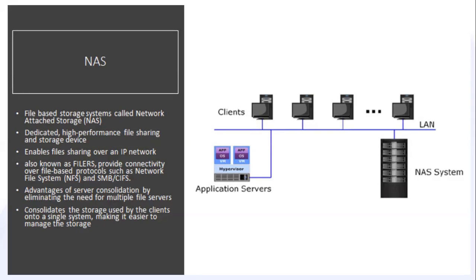However, in case of NAS, which is your network attached storage, which is predominantly a file-based storage system, what is important here is that it provides you file level sharing over an IP network, right? And that's why these systems are typically called filers.